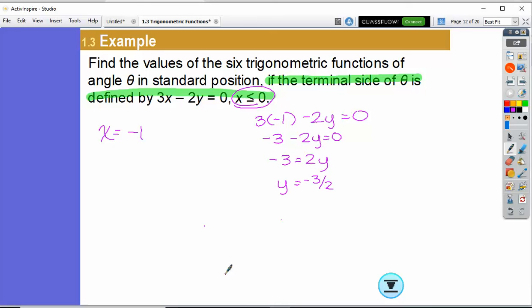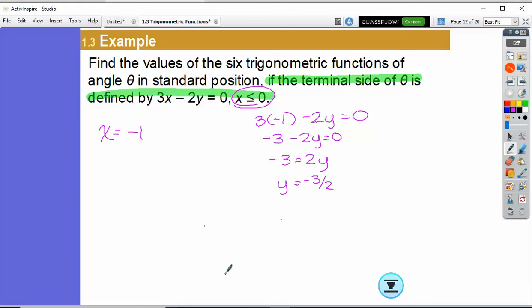Nothing wrong with that. We can use it. If you don't like the fraction, what could you do? Pick a different x value. Do you guys want to deal with the fraction, or do you want to pick a nicer number? What might be nicer? Let me show you this way.